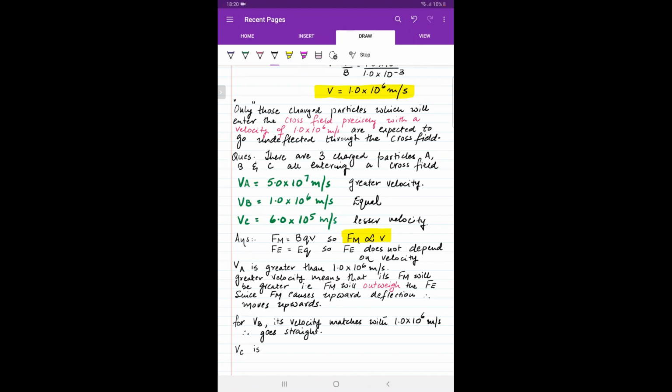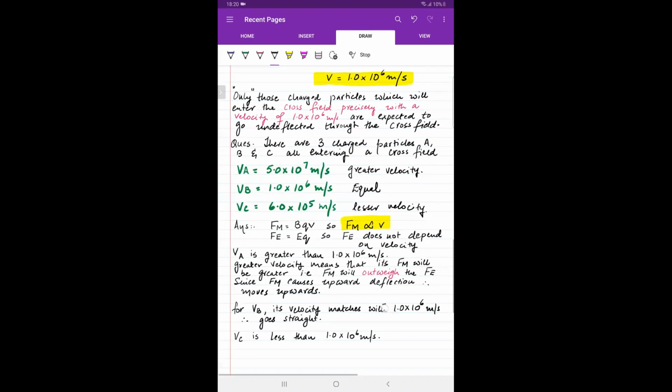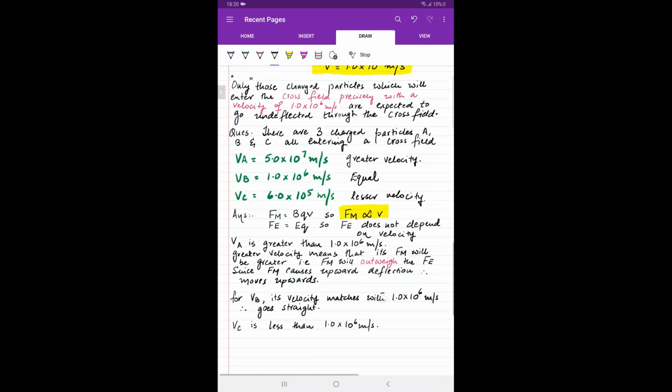VC is less than 1.0 times 10 to the power of 6. Lesser velocity means that its magnetic force will be lesser.